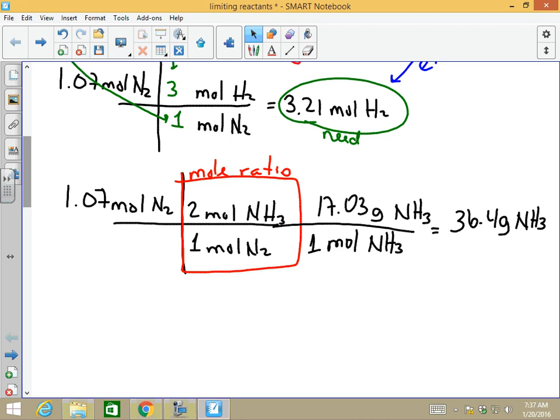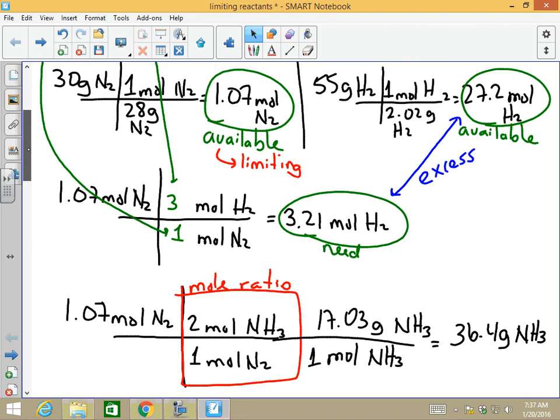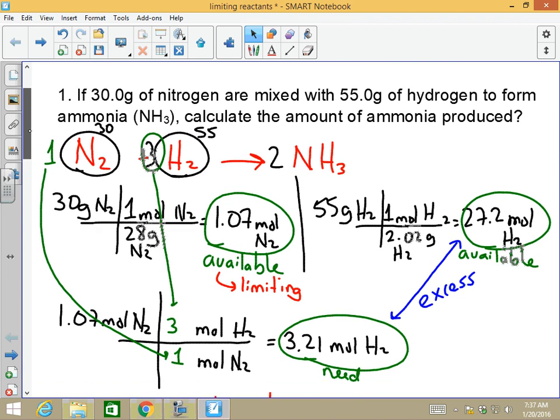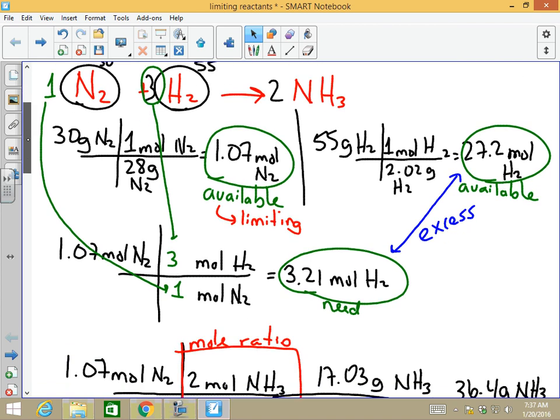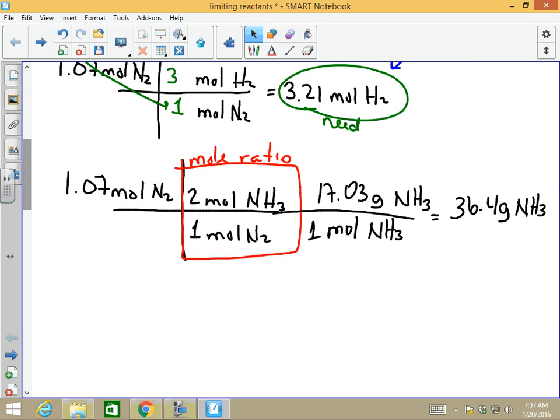Therefore, going back to the question, when I mix 30 grams of nitrogen and 55 grams of hydrogen to form NH3, the amount of NH3 that I get is 36.4 grams.